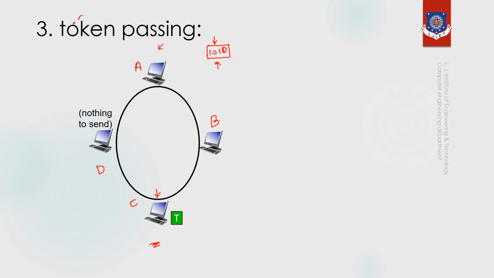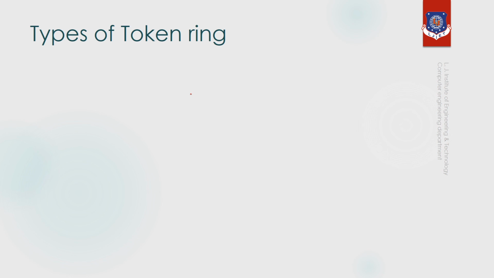If this bit is changed, no device will understand that this is a token, because the value of the token was 1011, but due to noise it is changed to 1010. So even if any device receives this token, they will keep waiting for the token, they will wait for infinite time and no communication will occur. So that can be considered a big disadvantage.